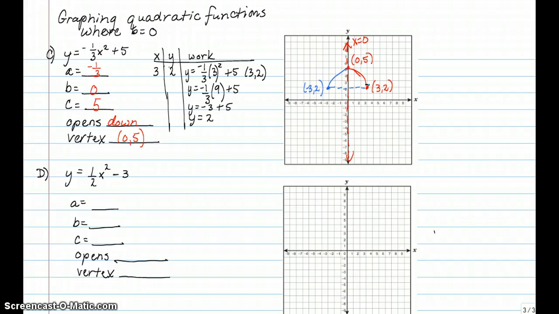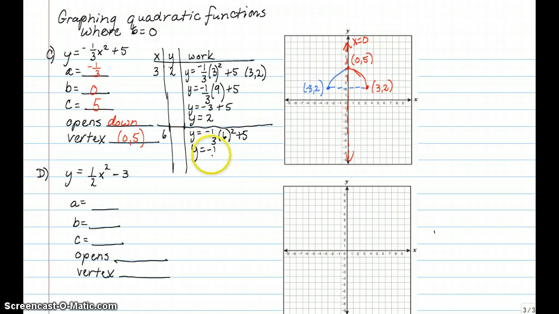Okay, now we're going to choose another point. Again, we're not going to choose 4 for our x because 4 squared is 16. 16 isn't evenly divisible by 3. 5 squared would give us 25, also not evenly divisible by 3, but 6 squared would give us 36, so that's divisible by 3. So y equals negative 1/3 times, with x substituted with 6 squared, plus 5.